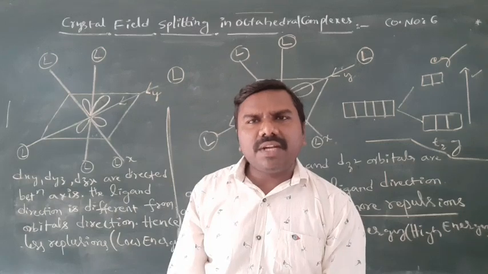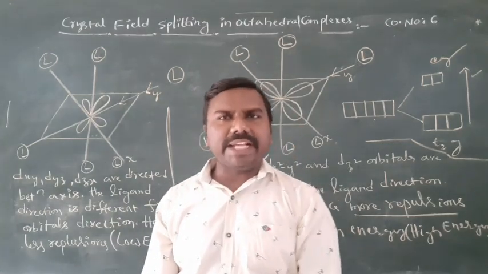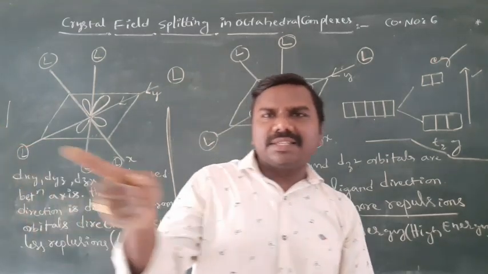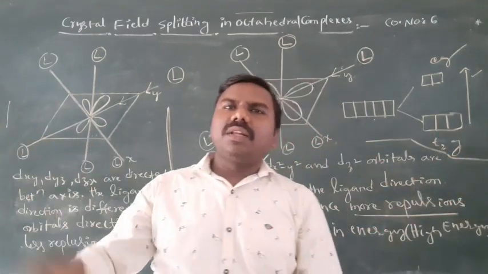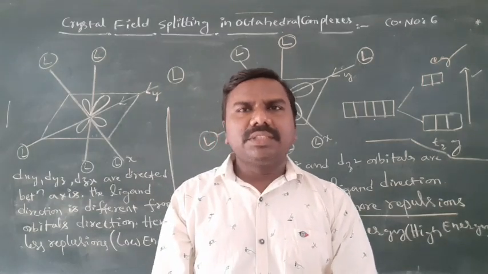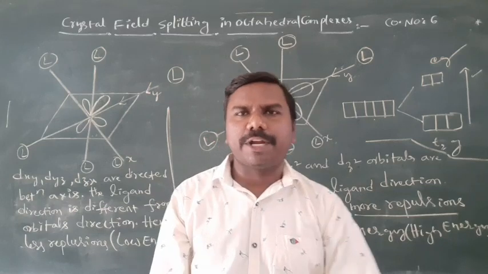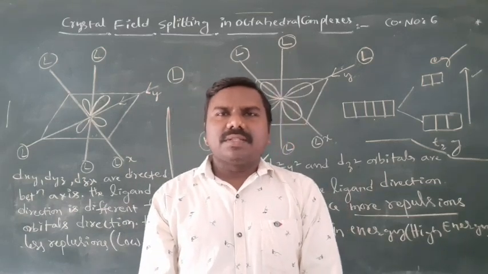Based on these field strengths, this was given experimentally. All the ligands are arranged in a series on their field strength. That series is called the spectrochemical series. Very important, spectrochemical series.